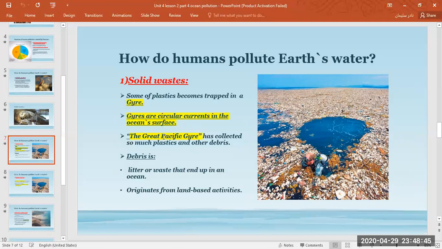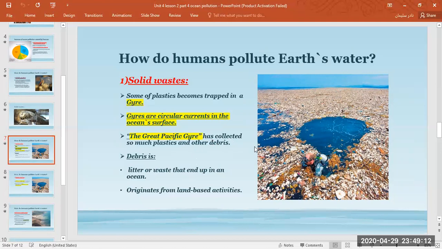Example, the Great Pacific Gyre. Okay, these circular motions in the Pacific Ocean, they have collected so much plastics and other debris. What do you mean by debris? Debris means litter or waste that ends in an ocean. It originates from land-based activities.